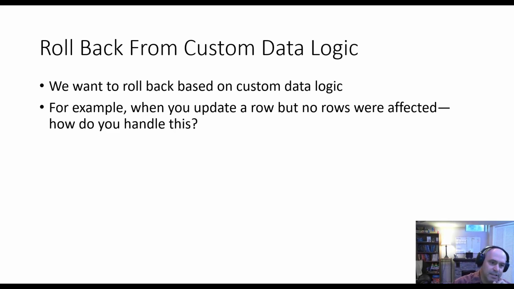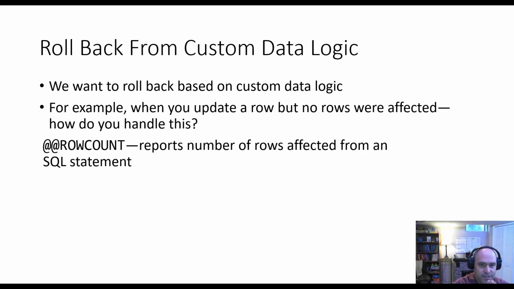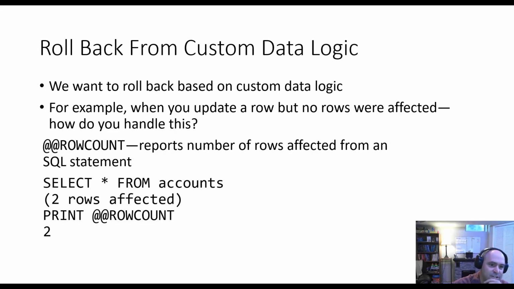So the trick here is there is an internal variable in SQL Server called rowcount, and the rowcount variable tells you the number of rows affected from a statement. You see this a lot when you run a statement. It says 2 rows affected. If you print rowcount, it'll print 2, therefore telling you how many rows were affected. And you can use this, if you expect a certain number of rows to change, to verify that those number of rows changed.